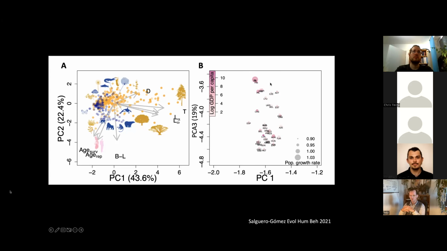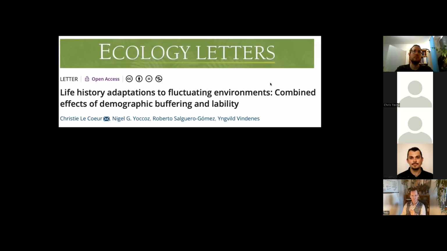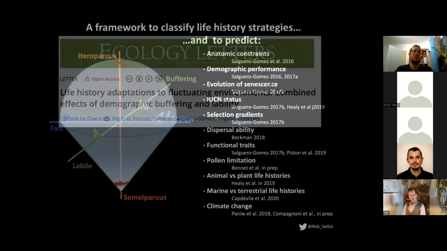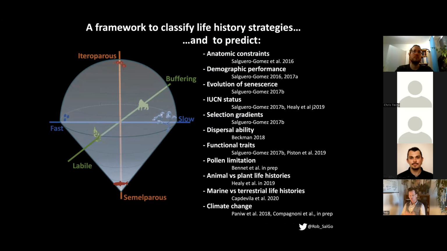So all these interesting properties are starting to emerge from really taking into consideration how natural populations vary or covary with environmental stochasticity. There's a paper that we published recently that talks more about these relationships. I invite you to take a look at it. And there's really a lot of predictive value in this framework.